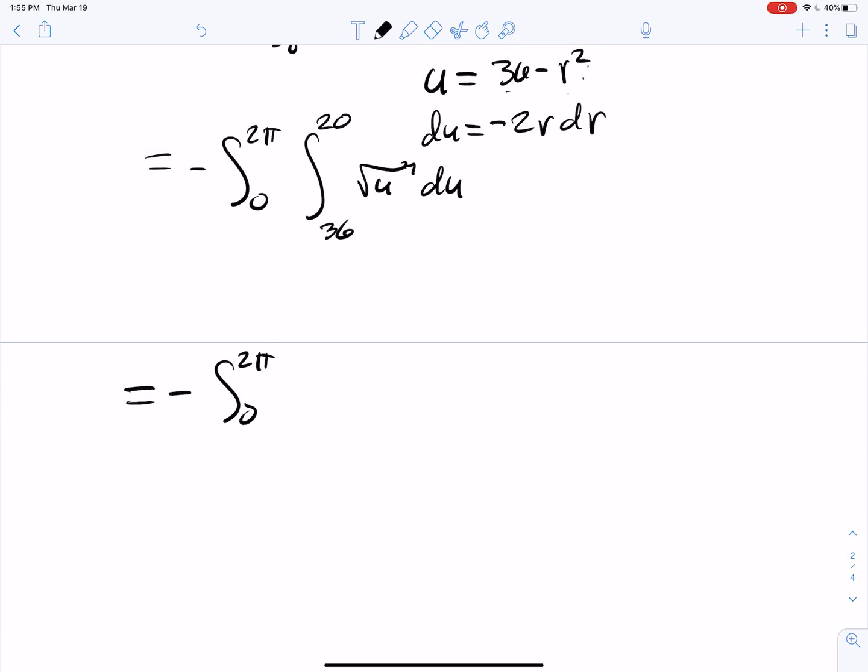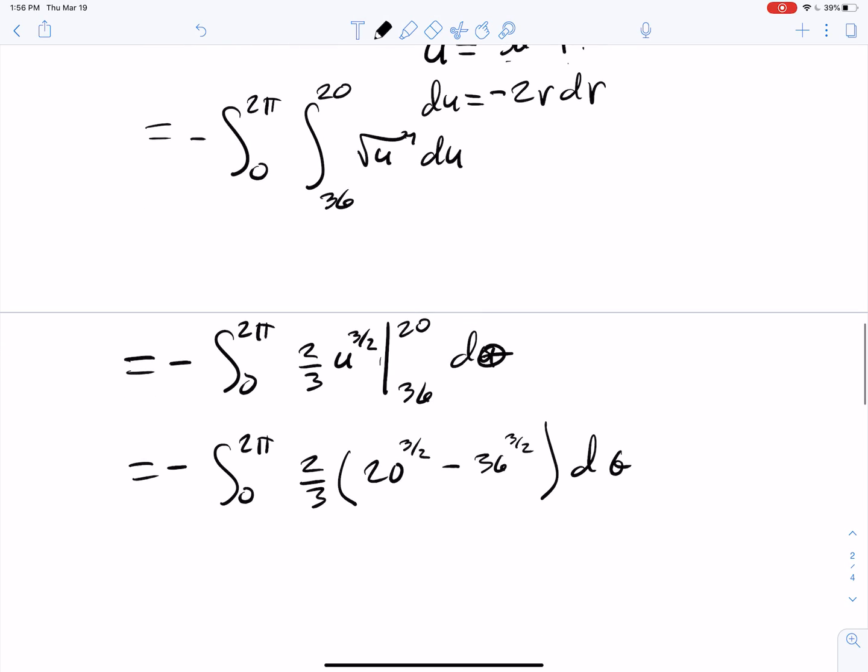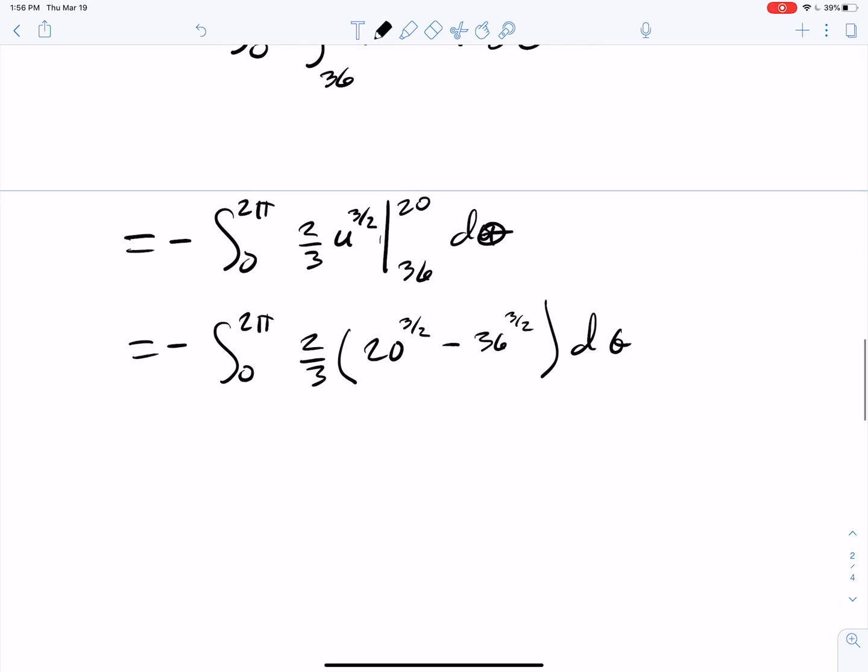Root u is u to the 1/2, so I'll have 2/3 u to the 3/2, evaluated from 36 to 20. That now just makes 2/3 of 20 to the 3/2 minus 36 to the 3/2, d theta. I missed a d theta up here, sorry. And then I can integrate the thetas.